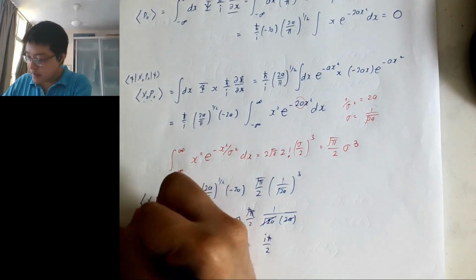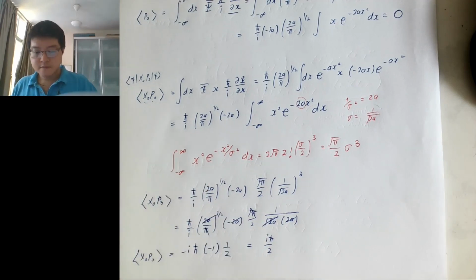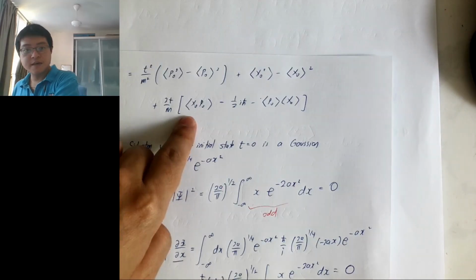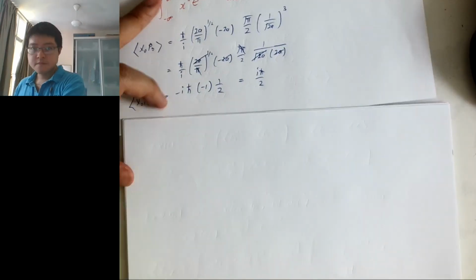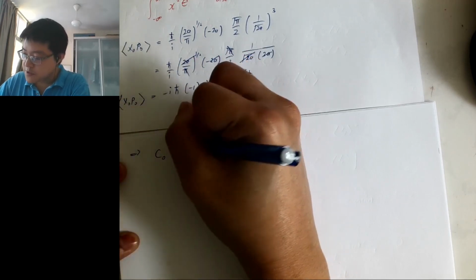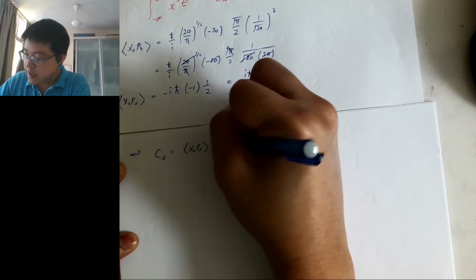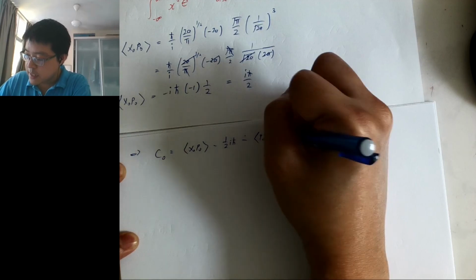So I have found the expectation value of xp already. What is this answer? I can substitute this already. So the correlation C0 is supposed to be the expectation of xp, minus half i h bar, minus the expectation of p times the expectation of x.